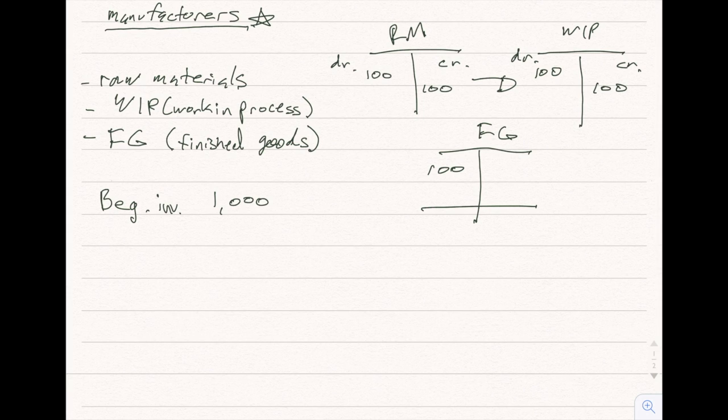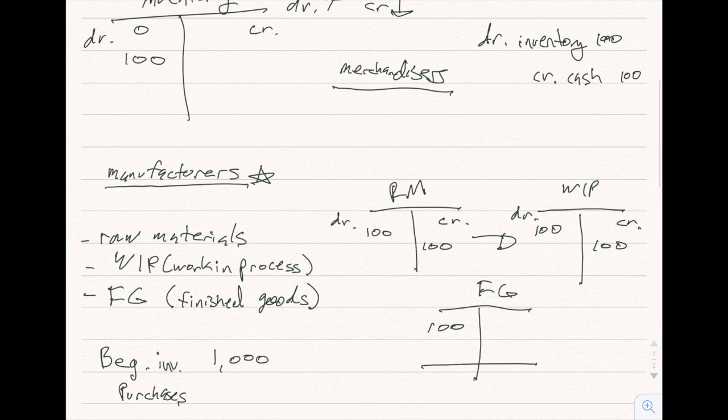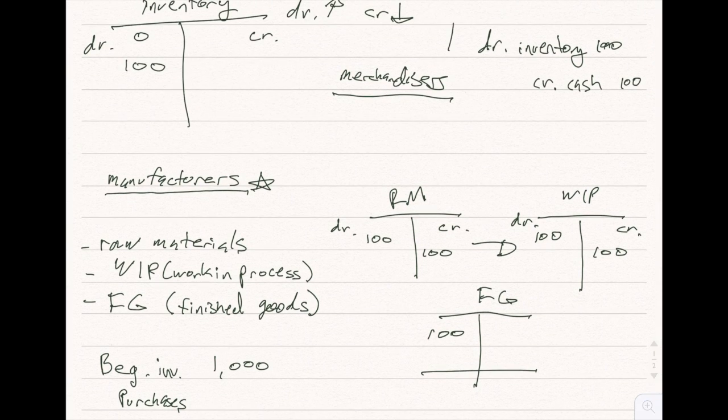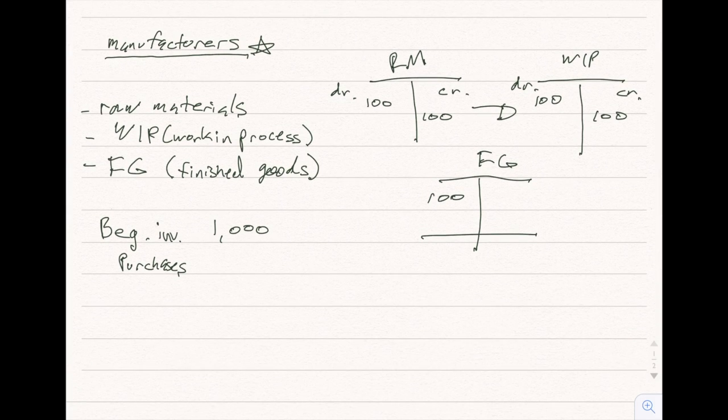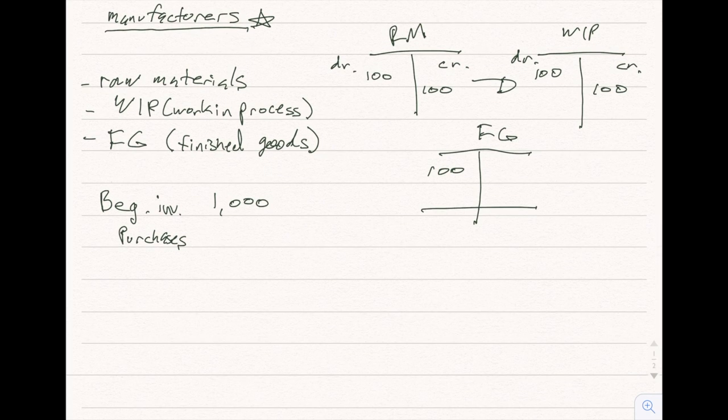So let's call this purchases, and say we are in a merchandising context here. So just like back here earlier, you bought more inventory to ultimately sell to another customer and make a profit. So say purchases of 500, right? So this is being added.